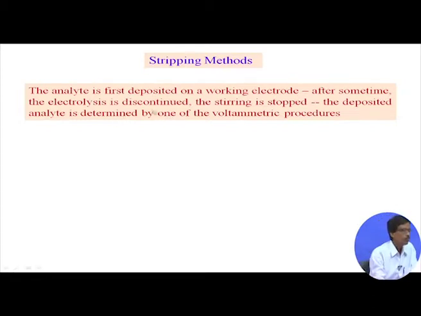So, you stop the electrolysis once you have passed the electricity for some time and allowed the analyte to be deposited, either through oxidation or reduction. Then the stirring is stopped, and the deposited analyte is then determined. So, you know how much analyte is deposited by one of the voltammetric procedures you have used so far.